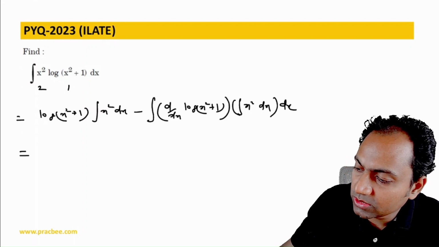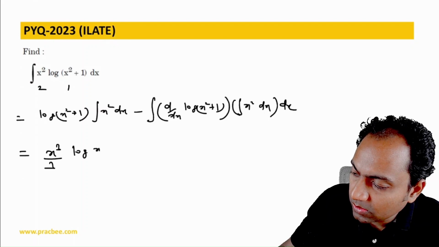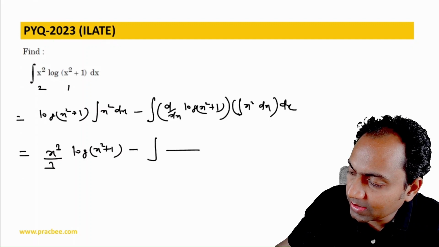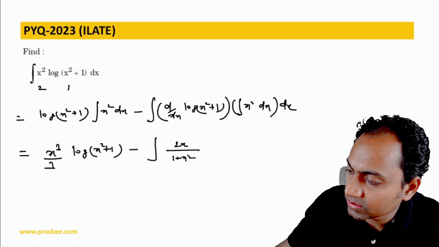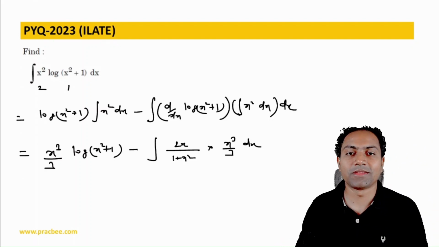If you do this, this becomes x cubed by 3 log of x square plus 1. This will become 1 by x square, 1 plus x square. This will become 2x. This will become x raised to the power 3 by 3 dx.